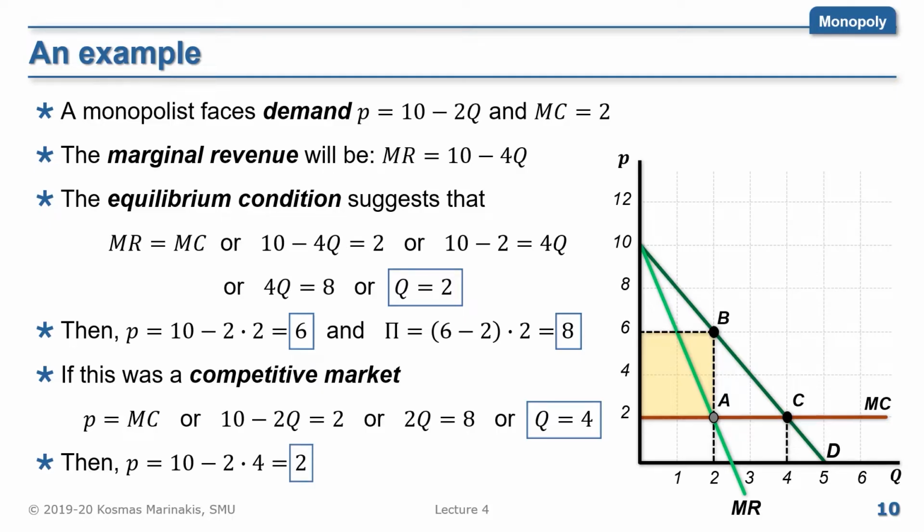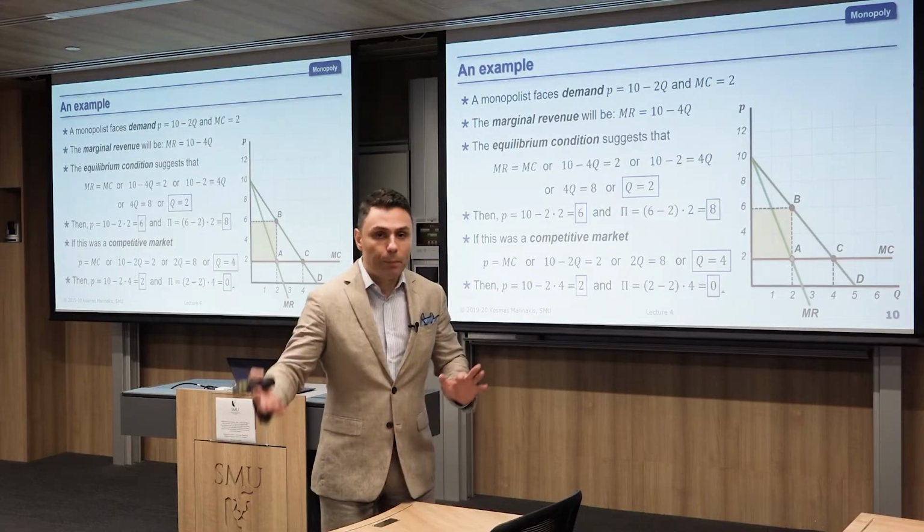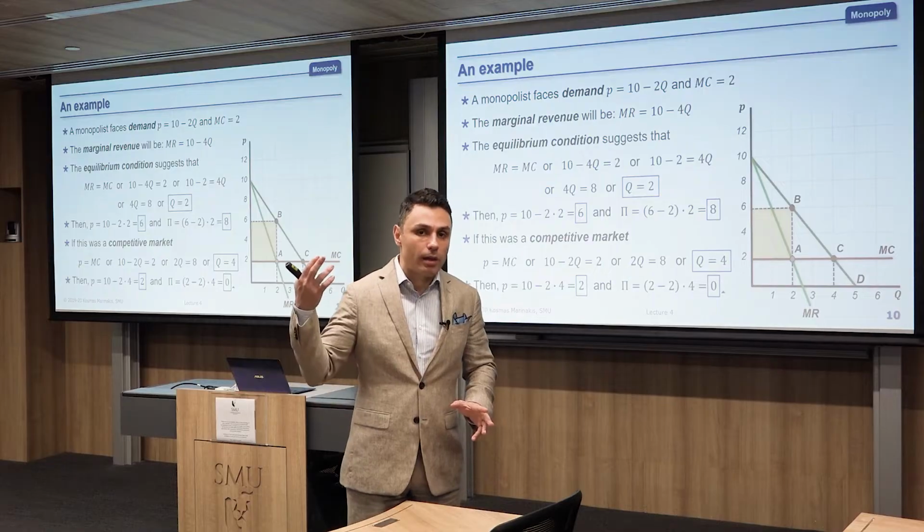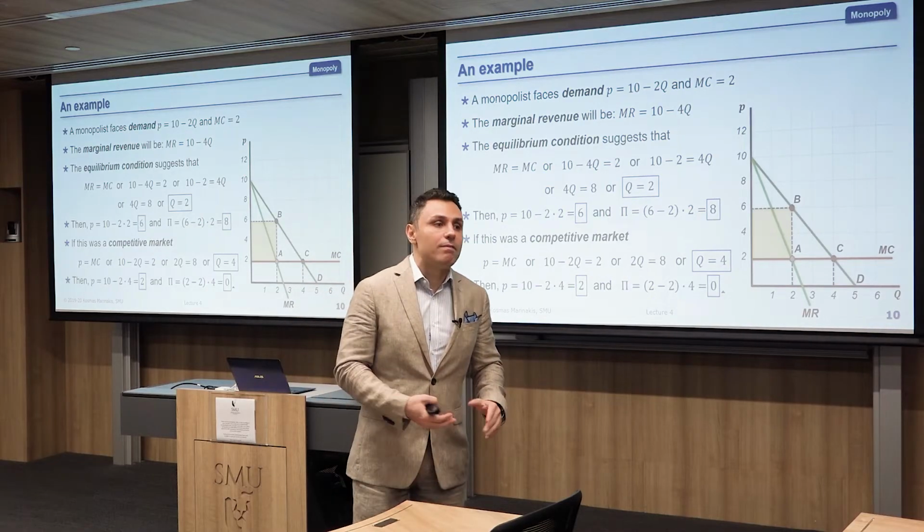I just went the long way to calculate it here to show everybody that the same methods work no matter what. And the profit would be price minus your average cost. 2 minus 2 is 0. Times 4 will also give you 0. So in this particular case, P equals MC gives me no profit. So this guy just gets a salary and the normal return for the capital, nothing above and beyond.